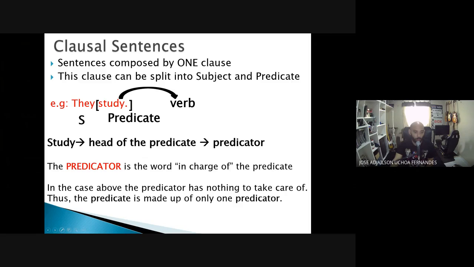But if we put here "German," then we have German as the object of their studying. They study what? They study German. German is the object, in this case, the direct object. We are going to explore these characteristics later on.